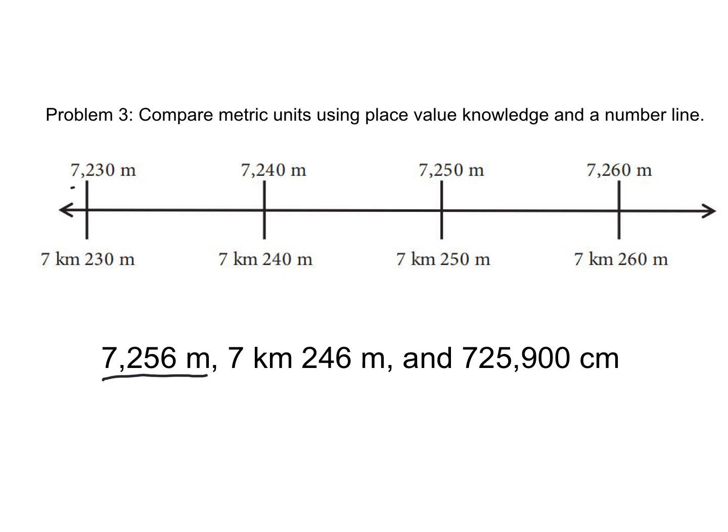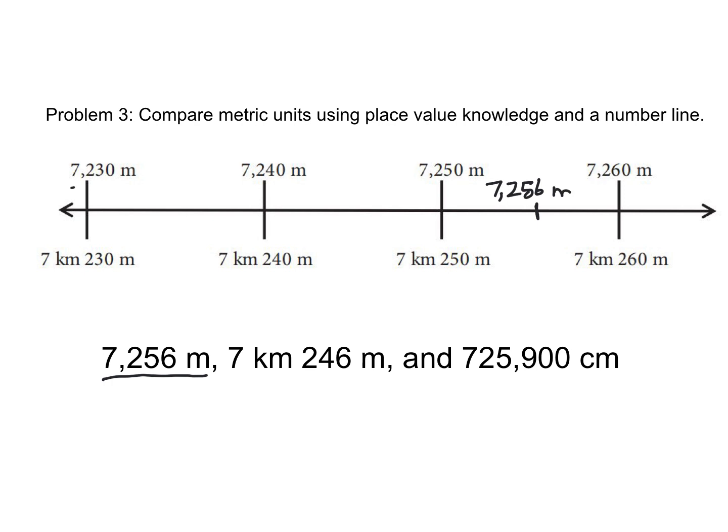I want you to go ahead and pause, draw this on your board, figure out where you would put that. Turn this back on when you're done, and you can see that 7,256 meters would fall somewhere between 7,250 and 7,260 meters. So we're going to put it approximately right here. And since we're writing in meters, we'll just go ahead and keep it up there where it is. You can label it top or bottom, it doesn't matter.